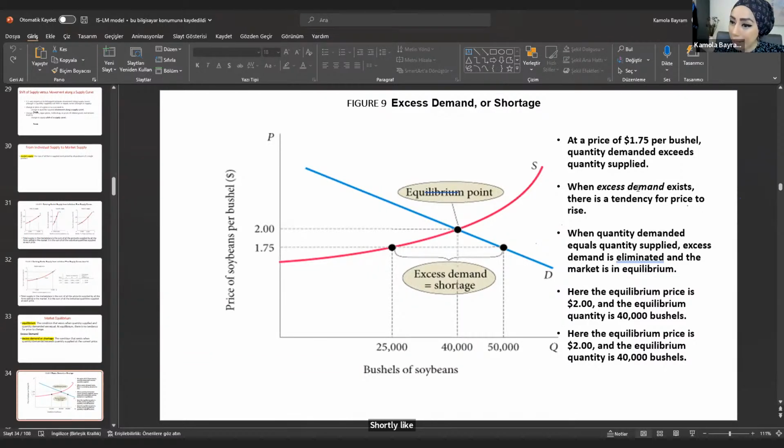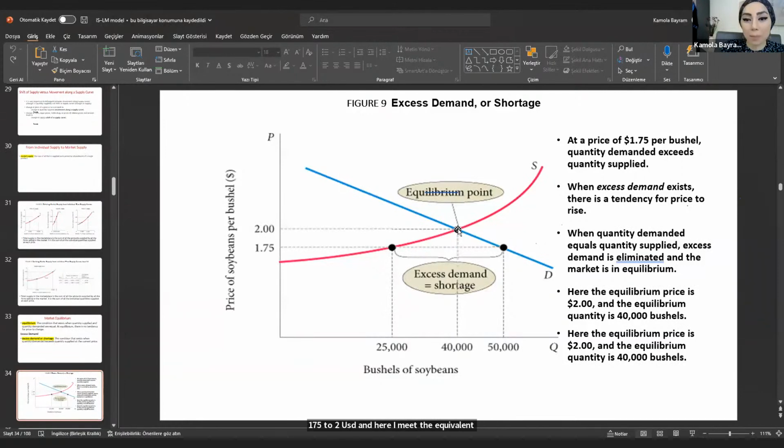So when excess demand exists, there is a tendency for price to rise. So what will the supplier do? Okay, now people want to buy more at this price, and the amount I can produce and sell is just 25,000 bushels at that price. So I will increase the price. When quantity demanded equals quantity supplied, excess demand is eliminated. So I increase the price from 1.75 to $2, and here I meet the equilibrium point.